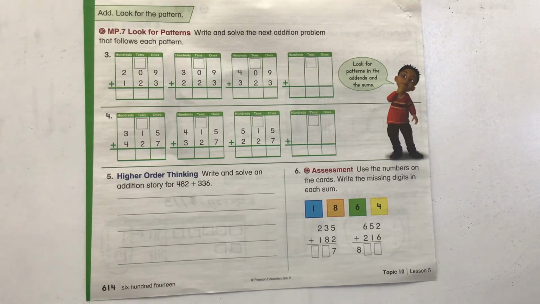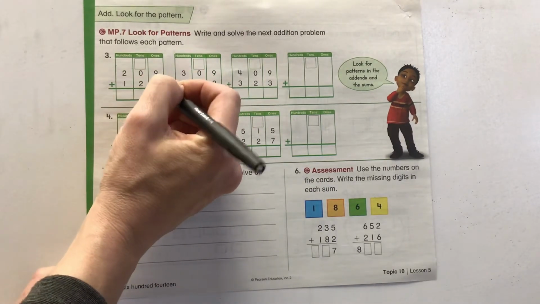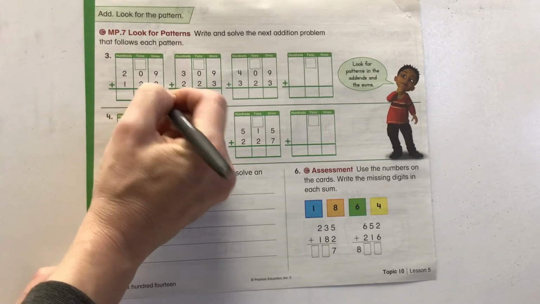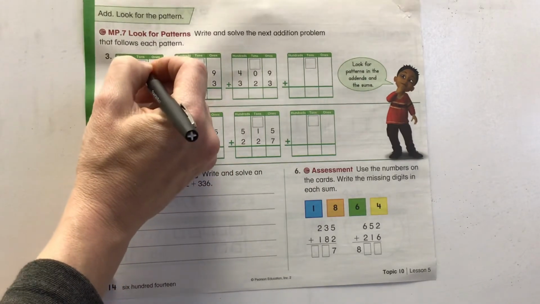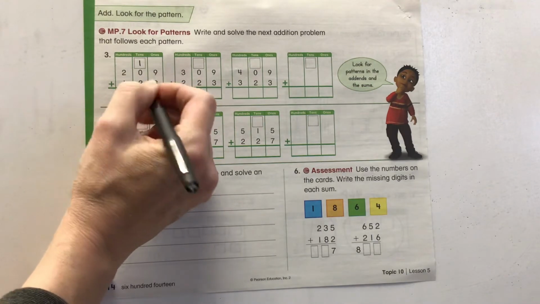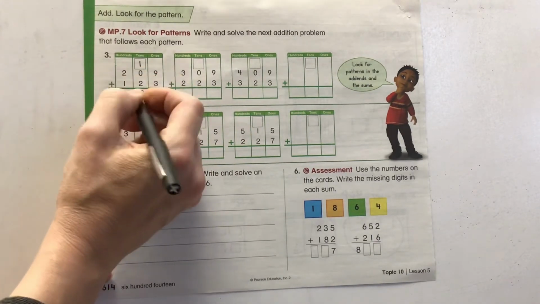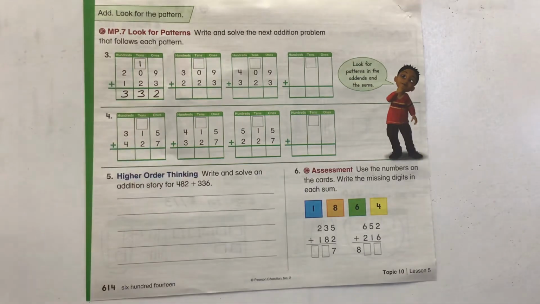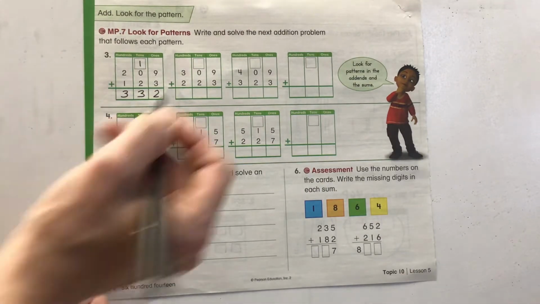Okay, so we've got 9 plus 3, we know is 12. We put a 2 in the ones place and bring that 1 over, that one group of tens. 1 plus 0 plus 2 is 3, 2 plus 3 is 5. So we've got 332.